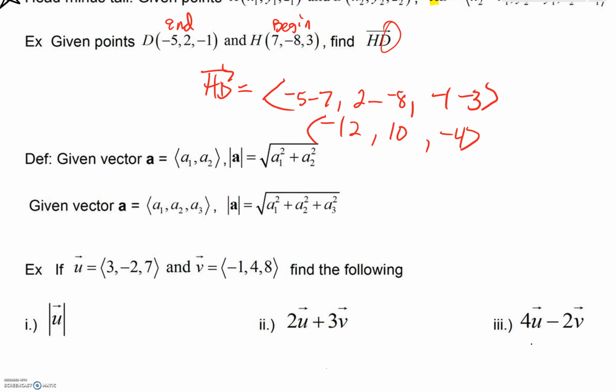Multivariable calculus, we're looking at 12.2, more work on vectors. First of all, look at this definition right here. When you have a vector A, generally with a vector we'll have an arrow, but very often in a textbook what you'll see is the boldface A instead of having to have an arrow above it.